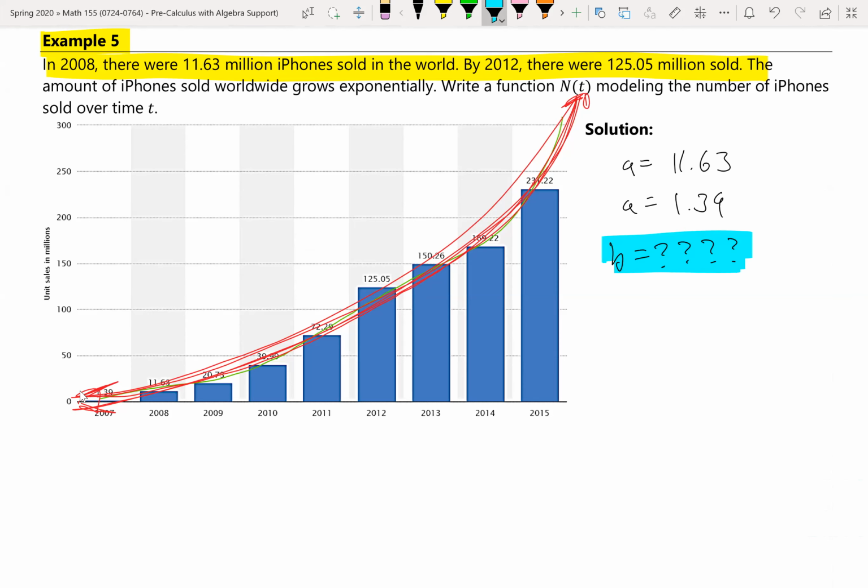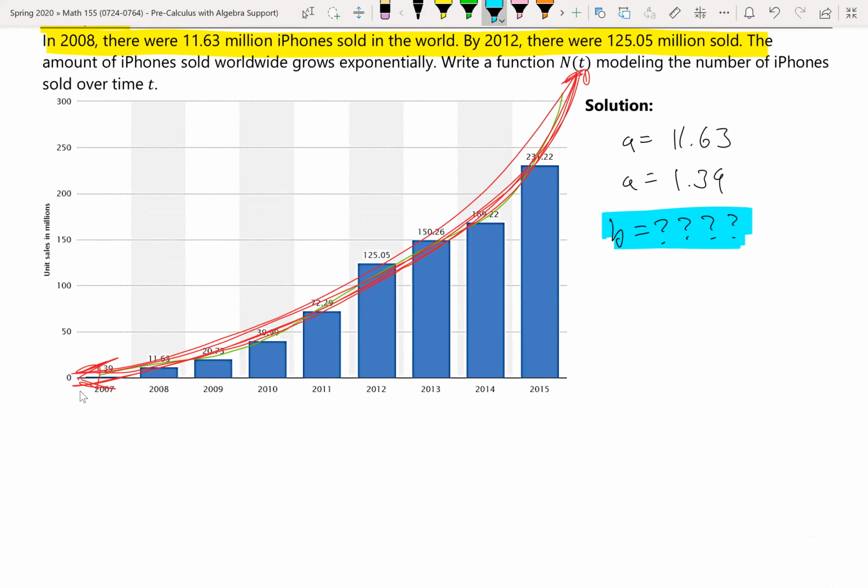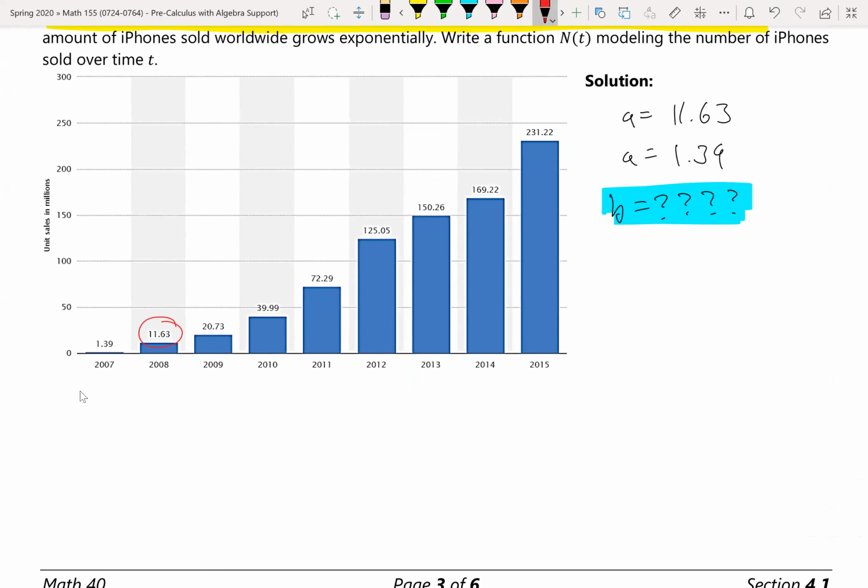So the easiest way to do that is we are going to grab pairs and divide them. We're gonna grab this one divided by this one, right?